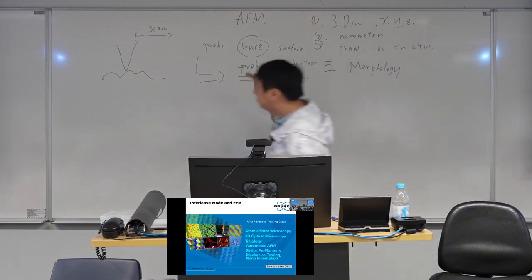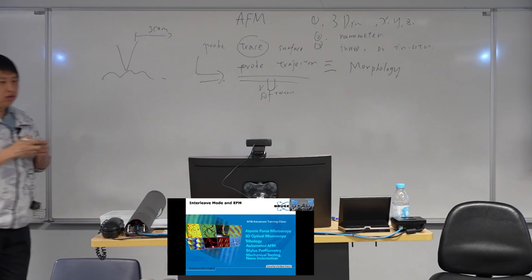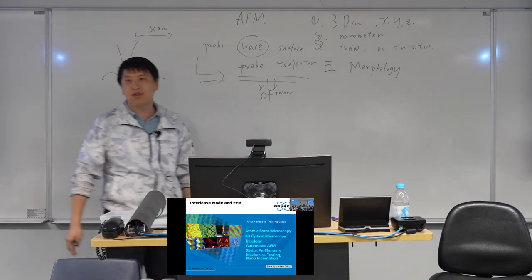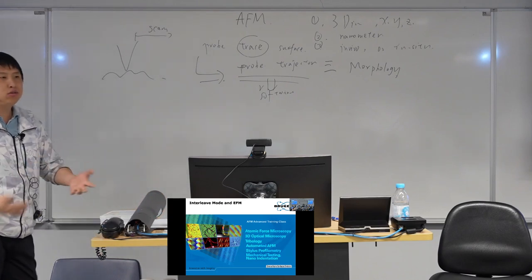Quite easy, right? So the key here is how can we let the probe always trace the surface? There are many ways to achieve that.